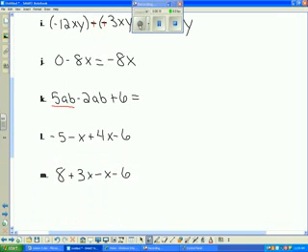Which ones are alike? 5ab and 2ab. Negative 2ab, correct. 6 is left out there, right? It's not part of our like terms, so we're going to put that out at the end because it's not going to be able to combine with anything. Okay? All right, 5ab minus 2ab? 3ab. There's your answer. 3ab plus 6.